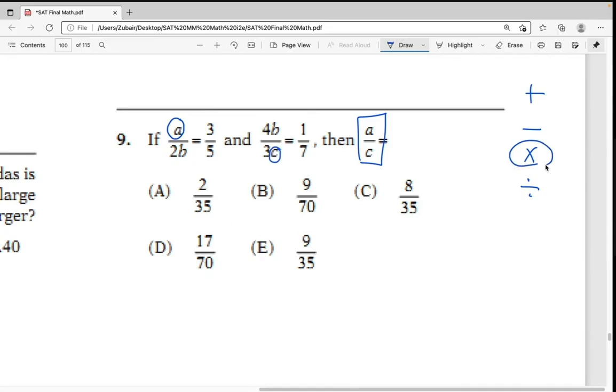So if I just multiply them, that would be A over 2B into 4B over 3C on the left hand sides, and then the right hand sides. B, B cancel, A over 2 1 times, 2 2 times. C into 2 by 3 equals 3 by 5 into 1 by 7.